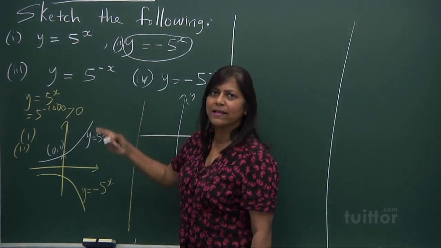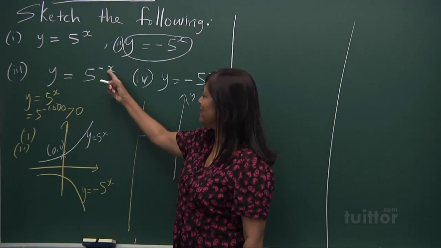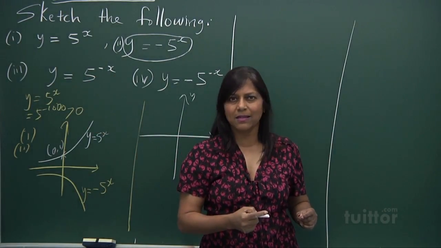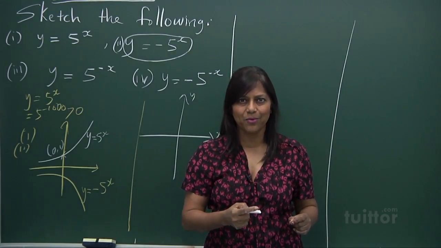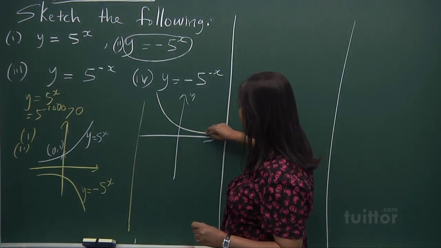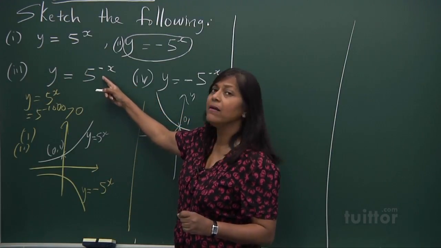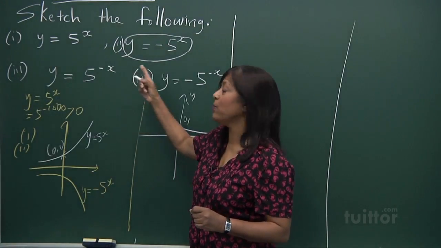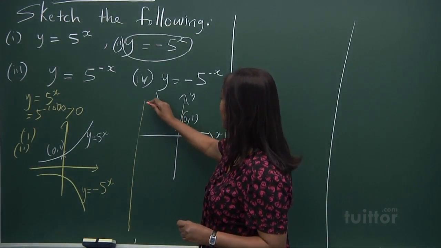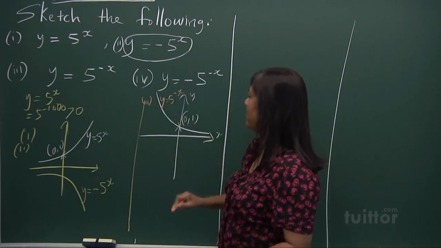Positive and negative gives you a negative number, but because it's exponential, y can never be less than 0. So let me correct myself there. Have you got it? So the shape of the graph is going to be like this. When x is 0, y is 5 to the power of minus 0, which is 1. So the name of this graph, part 3, is y equals 5 to the power of minus x.